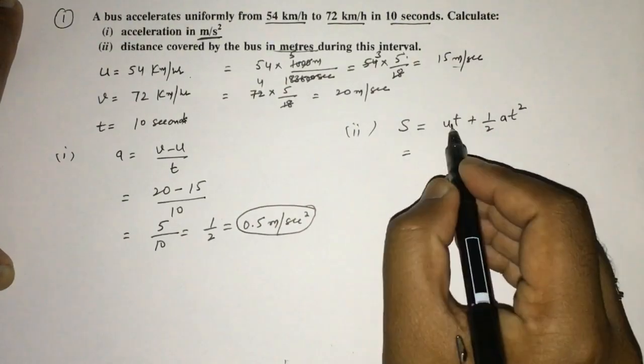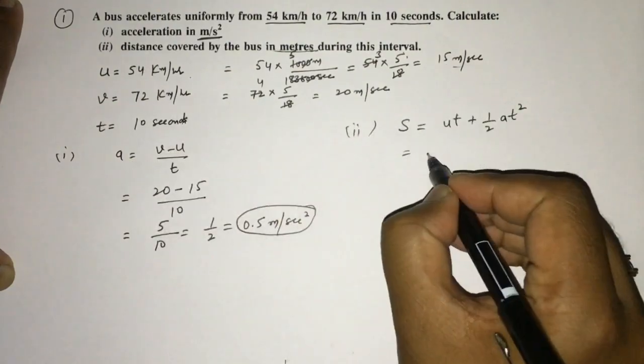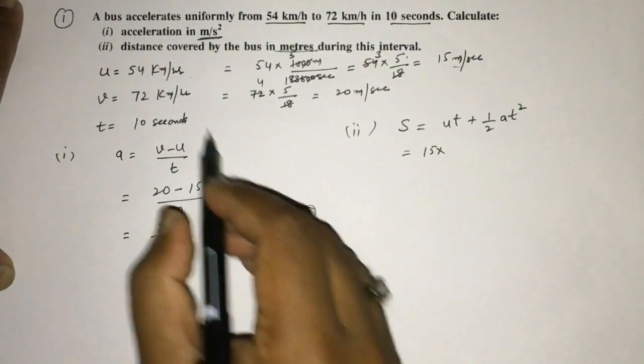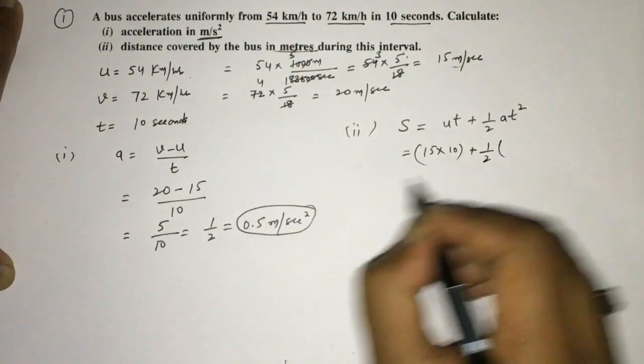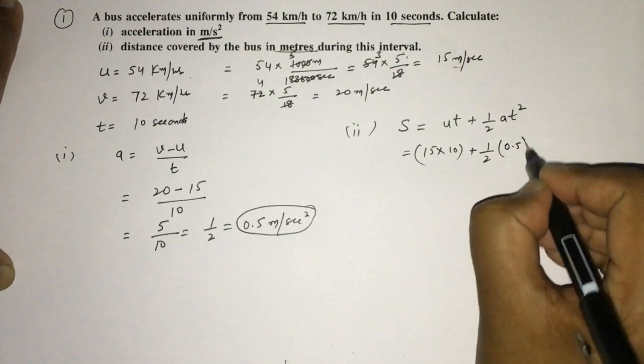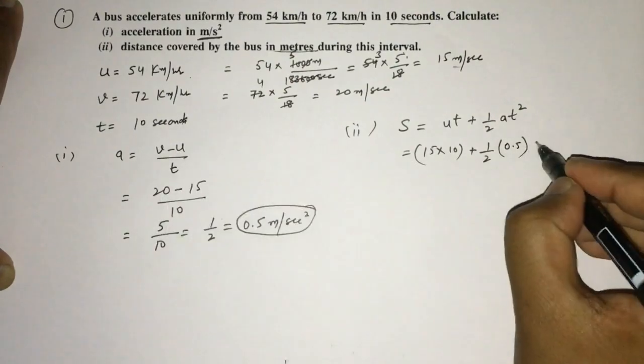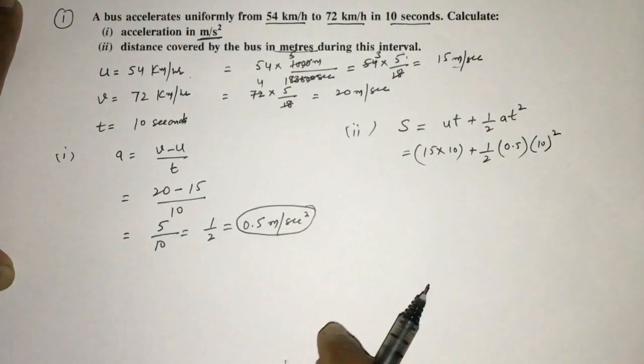Now putting the values, the value of u is 15, time is 10 seconds, plus 1 by 2, acceleration we have 0.5, into t, 10 square.